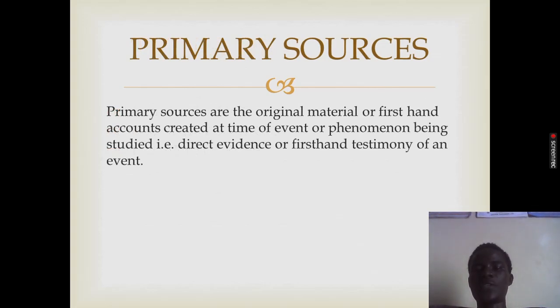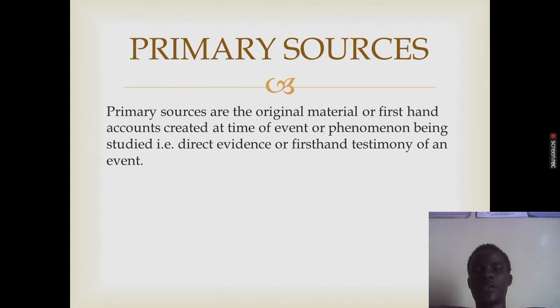Primary sources are the original information or first-hand accounts created at the time of an event or phenomenon being studied. Information created at the very time of the event being studied, or by an eyewitness account.